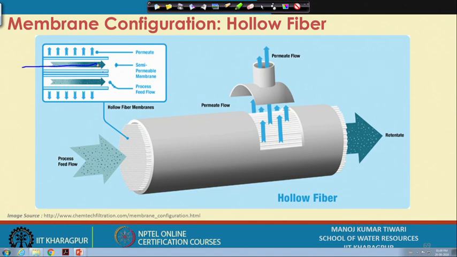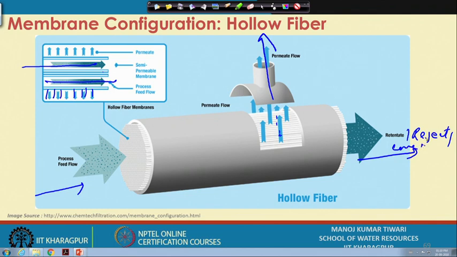Water flows through these hollow tubes, and then through these membranes it comes out and is collected, and permeate flows through the channel provided. The inflow is there, and the retentate or concentrate, or reject, will go to the other side. Retentate is also called reject or concentrate. So, this is also a cross flow module.